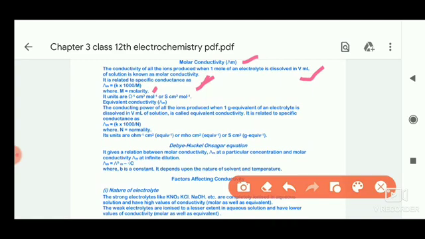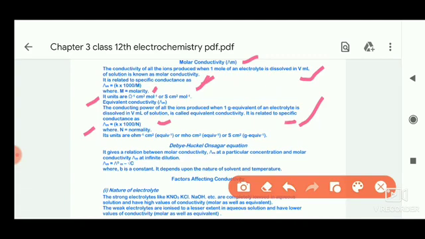If we talk about equivalent conductivity, the conducting power of all the ions produced when 1 gram equivalent of an electrolyte is dissolved in V ml of solution is called equivalent conductivity. It is related to specific conductance as lambda equivalent equals K into 1000 by N, where N is the normality.